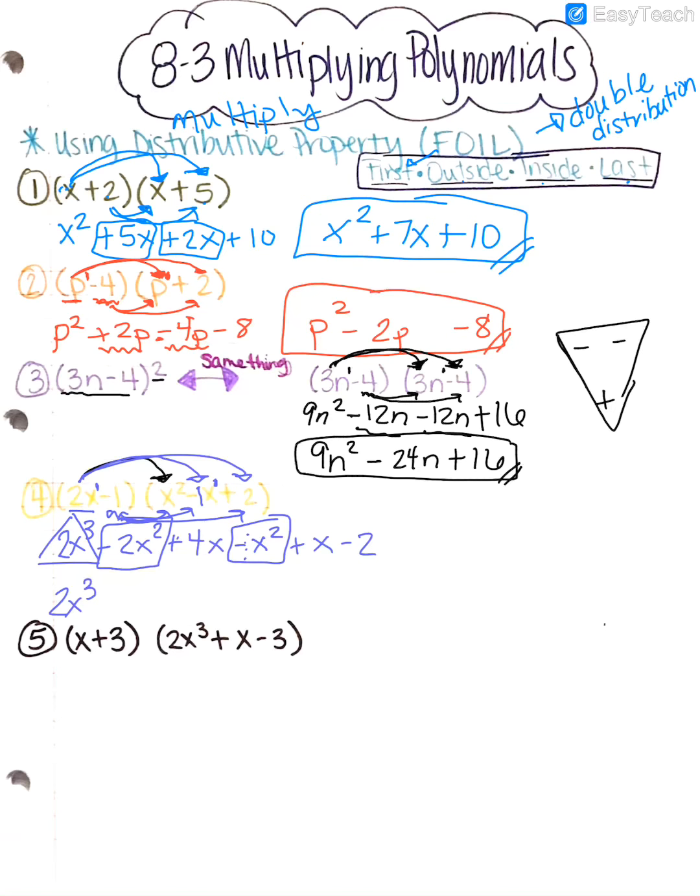X squared, same sign, add and keep the sign. So negative 3x squared. Then we have plus 4x. And the x, again, invisible one right there. Plus 5x. And last but not least, we have this minus 2. And that should be your final answer because we can no longer simplify.